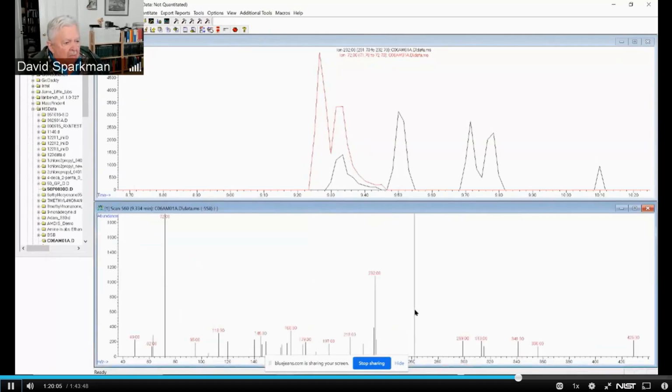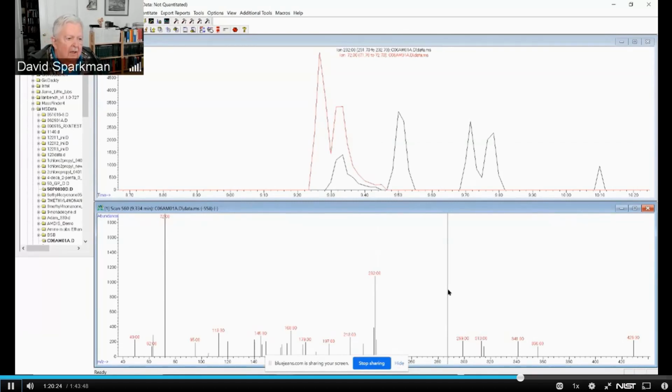And you see how much this cleaned up? Also notice there is a peak here at m/z 213, which is 19 different than 232, that indicates that it may contain fluorine.